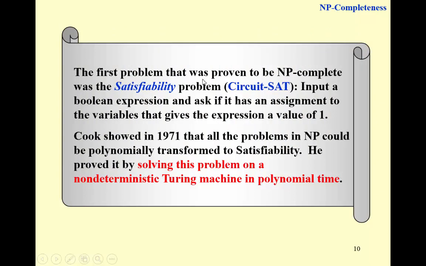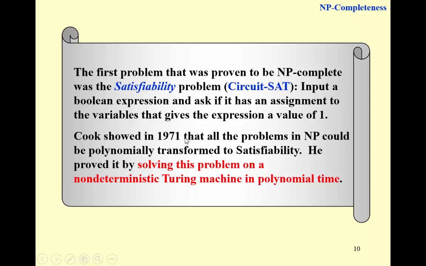The first problem that was proven to be NP-complete was the satisfiability problem, also called circuit SAT. The problem is to input a Boolean expression and ask if it has an assignment to the variables that gives the expression a value of 1.